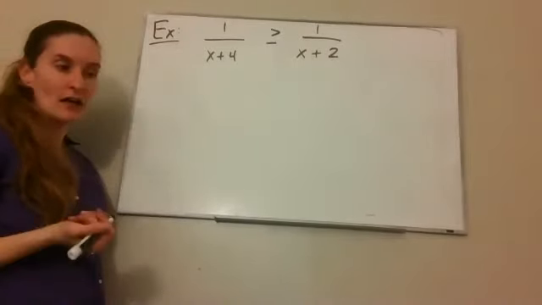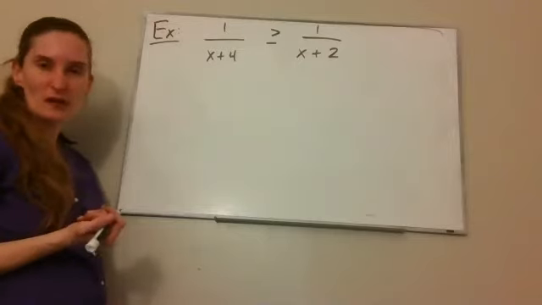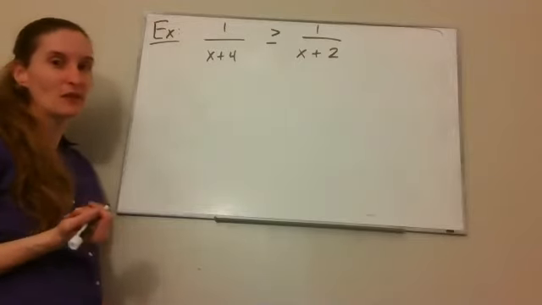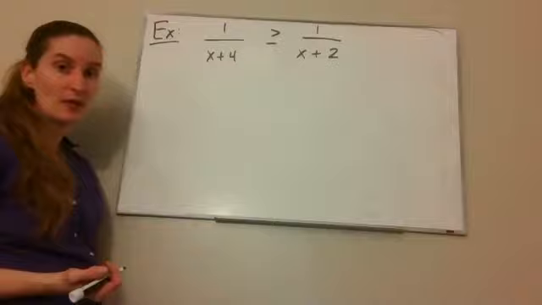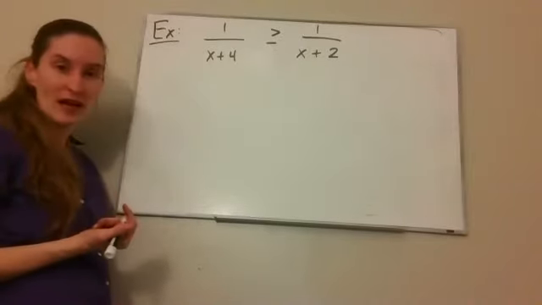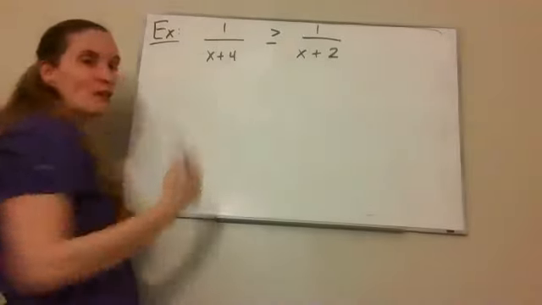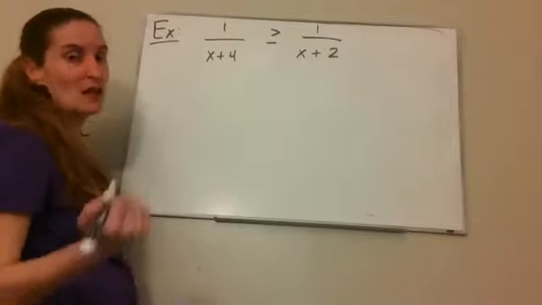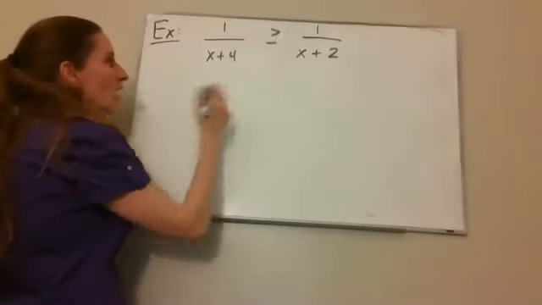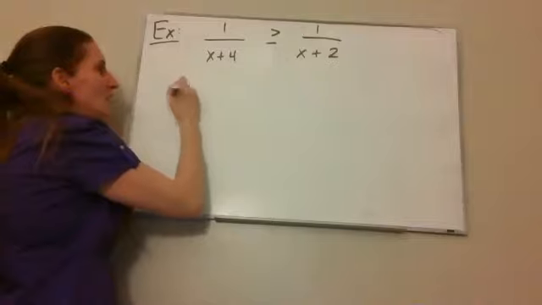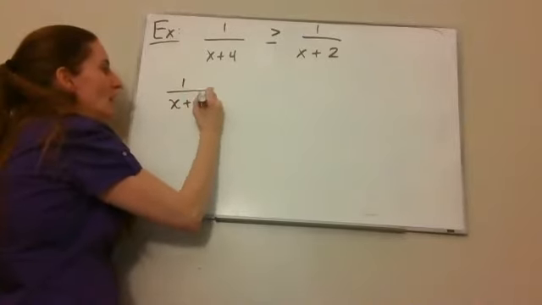And I know a lot of you out there probably are wanting to cross multiply when you see this, but please resist the urge to cross multiply. Since we don't know what x is, we don't know if we would have to flip this inequality sign or not. So don't multiply, instead just subtract one side over to the other side.